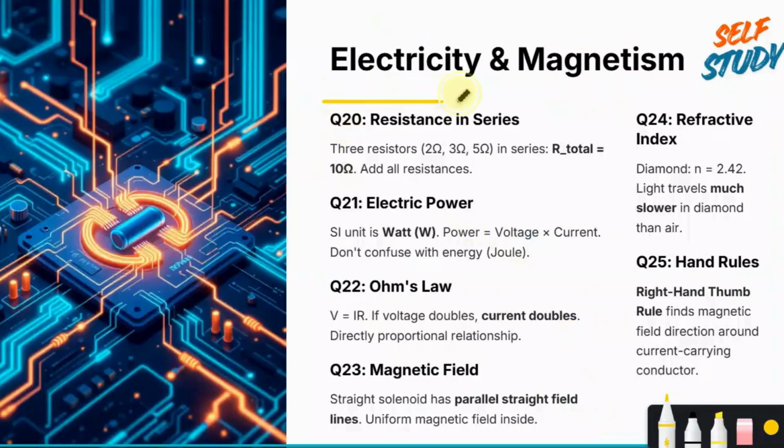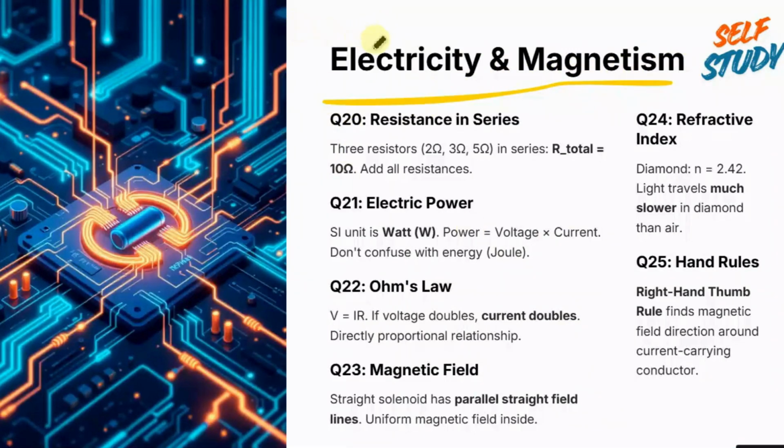Okay, next, electricity and magnetism, most numerical based and theory based concepts, as well as the two important hand rules. Okay. Next, from electricity, resistance in series. Generally, in series the resistance is more compared with parallel. For example, there are three resistances: 2 ohm, 3 ohm, 5 ohm.